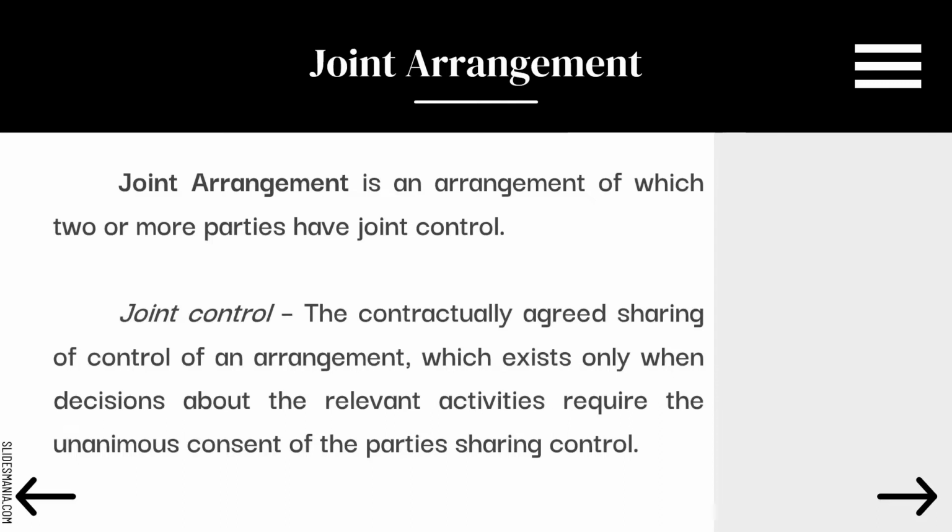So meron kang contract, and sa contract na yun is may agreement kayo na you will share control over yung relevant activities. So may contract and also may unanimous consent. Unanimous consent saan? Doon sa relevant activities. So first is dapat may contract, and syempre yung control na yan is contractually agreed sharing. Hindi pwedeng isa lang yung may control.